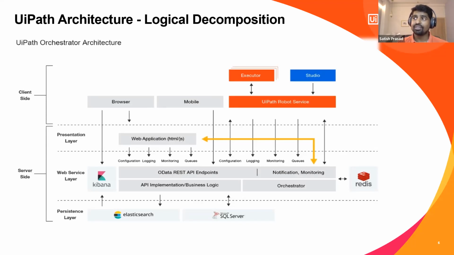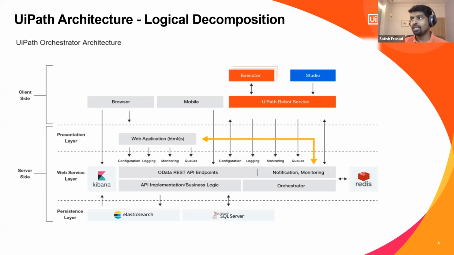All the interactions between the UiPath Orchestrator server happen through the different web services, like configuration, logging, monitoring, and queues. All these core web service layers are responsible for communicating with the different components of the application.